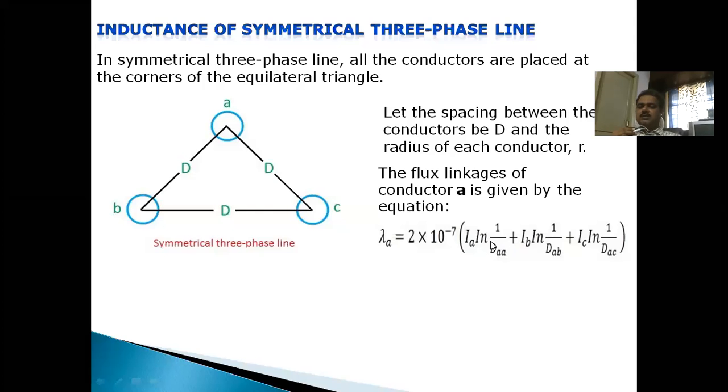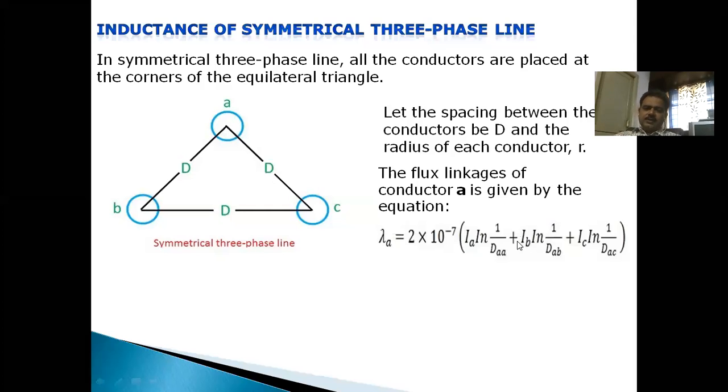In some textbooks that is represented by DAA, in some textbooks by GMRA, the geometric mean radius of conductor A, or in some textbooks it is referred to as R dash. We can follow any of these notations. Here I have taken 1 by DAA. DAA means R dash, the geometric mean radius of conductor A, that is 0.7788 times the radius of this conductor.